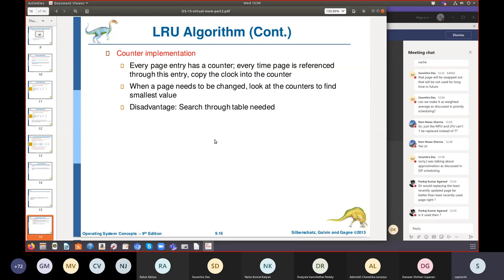Pankaj, unmute yourself. Why are you telling this? If the page is not updated, then if we replace it, basically there is no need to write it back.